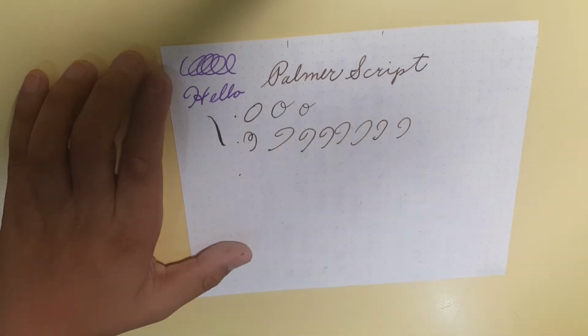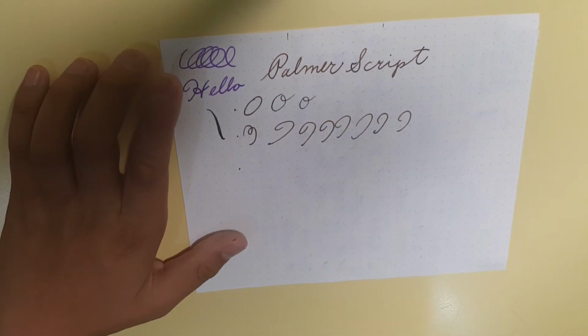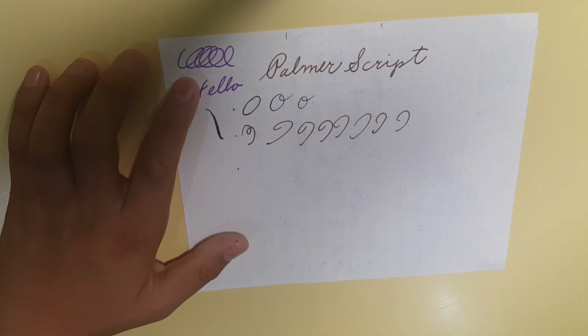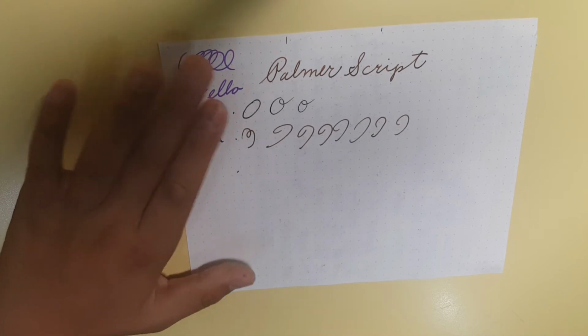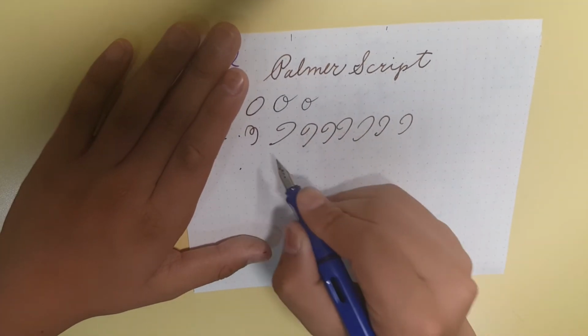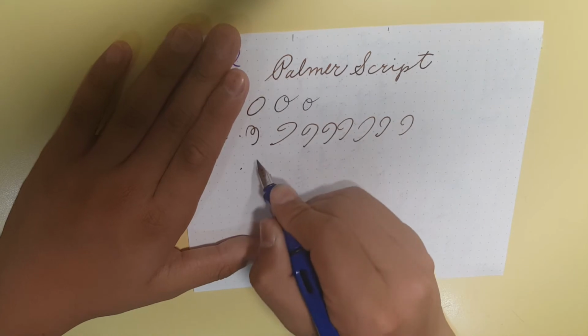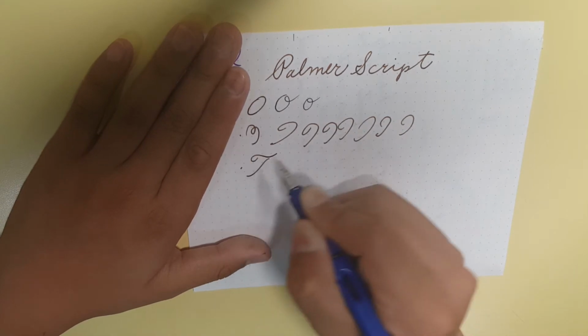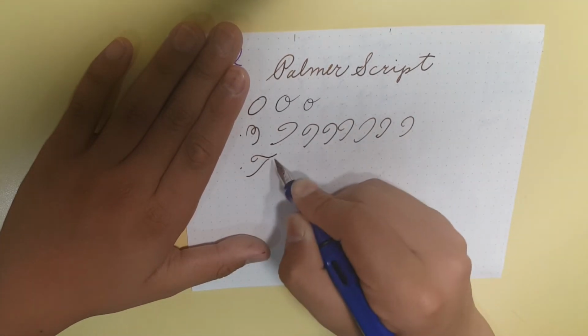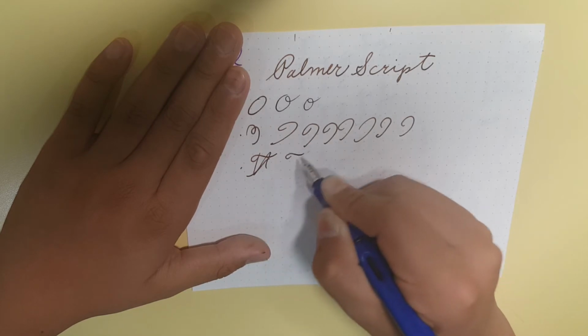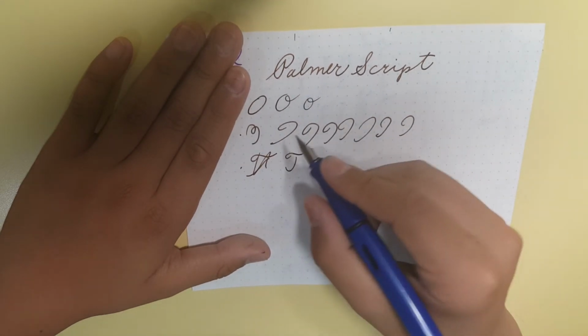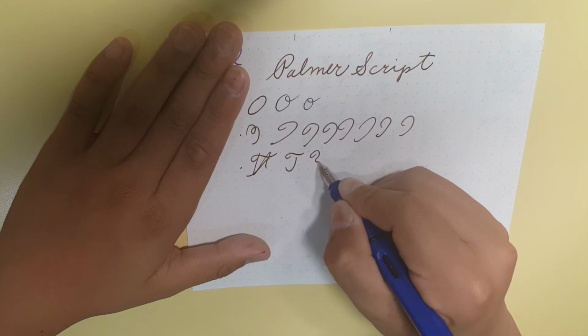And related to that would be the top and bottom loops. So, what are these loops? Well, we use them a lot at the tops of the letters. For example, T. Hang on. No, that's not a T. There we go. Y as well.